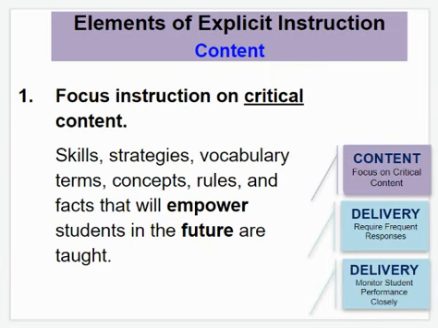But we also want to make sure that the critical content is something students will use in the future. So skills and strategies, terms, and concepts, all those that will empower students in the future are considered critical content.